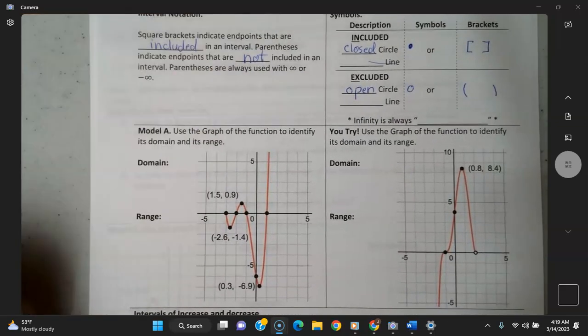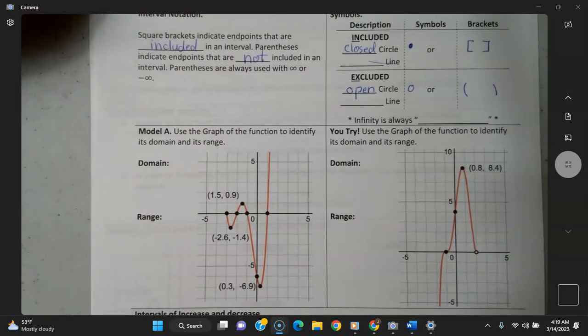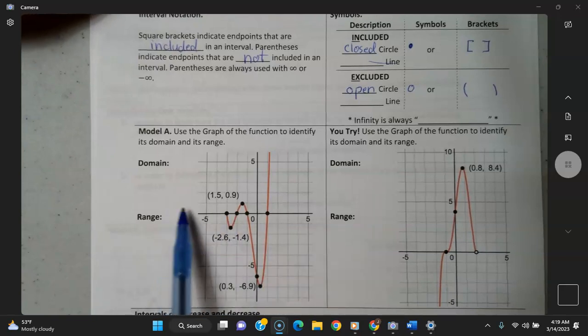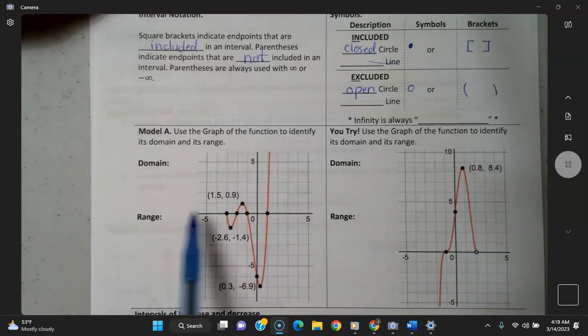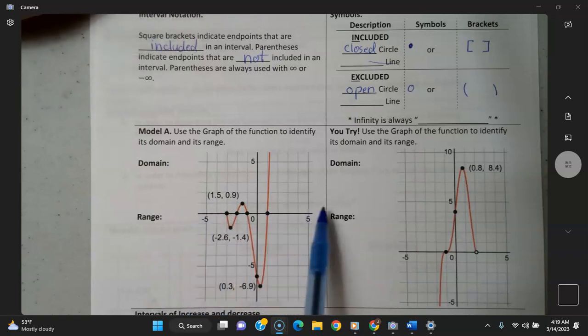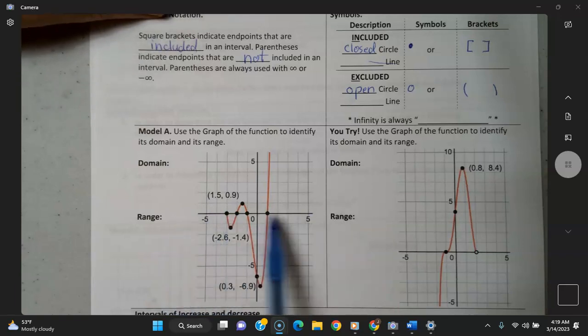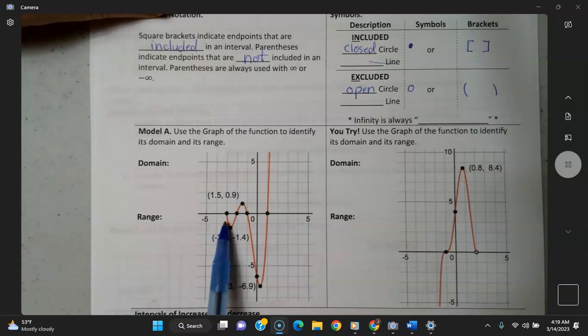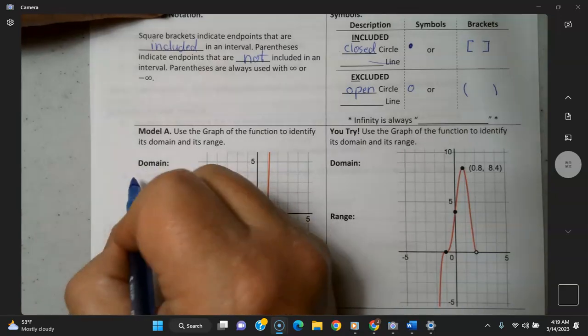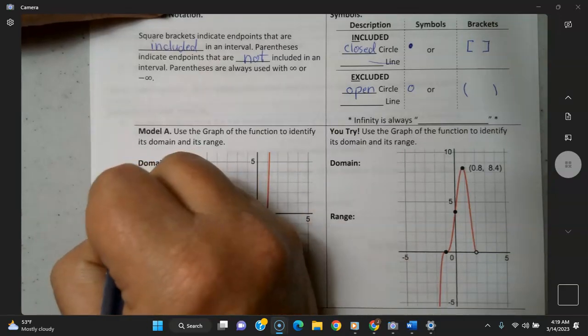All right, so let's get down here. These are pretty straightforward, and it's not as hard as it's been seeming to be. So the domain is the furthest values along the x-axis. So the furthest value along the x-axis is this one. It's -1, -2, -3. So it's -3 to the left, and it does include that point.